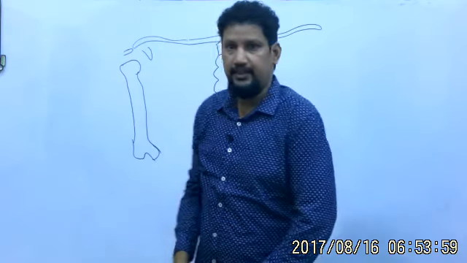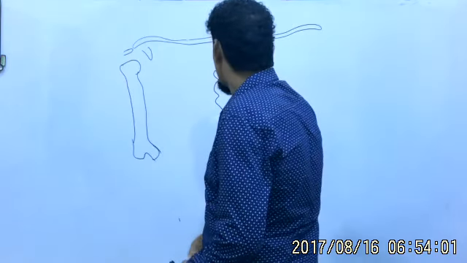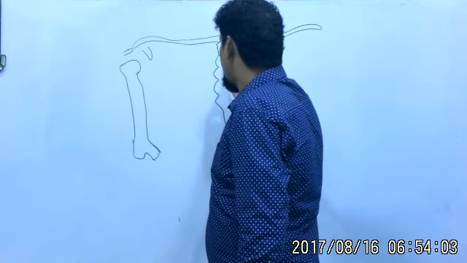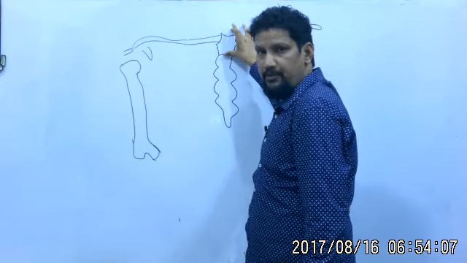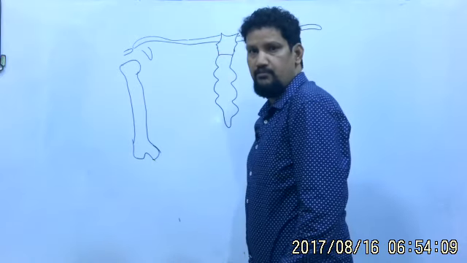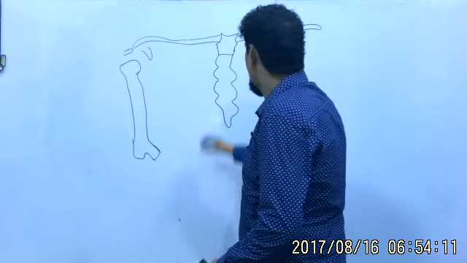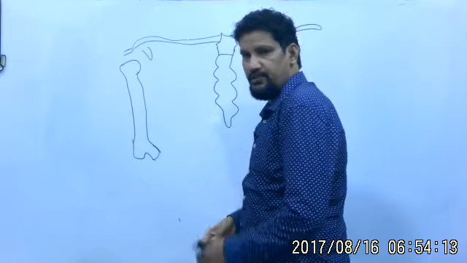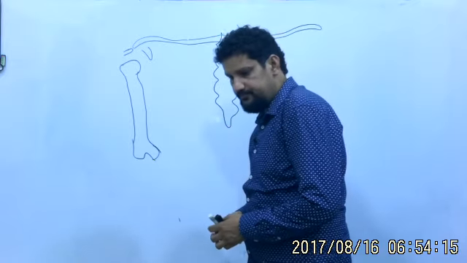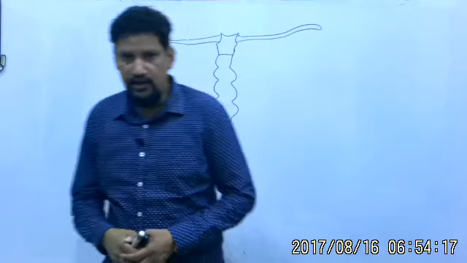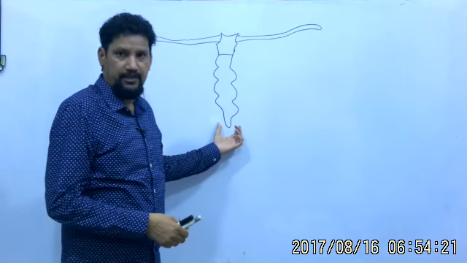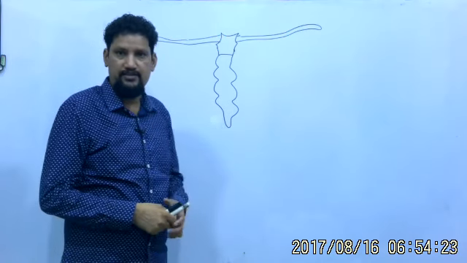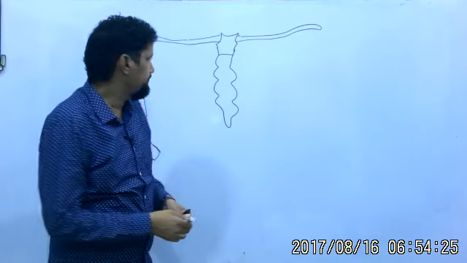So we can see here the sternum, which is having three parts. This is the uppermost part of the sternum, known as manubrium. The middle part of the sternum is known as the body of the sternum, and the sword-like lowermost part, this beak-like or sword-like structure, is known as xiphoid or xiphoid process.